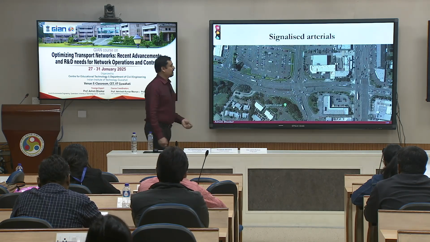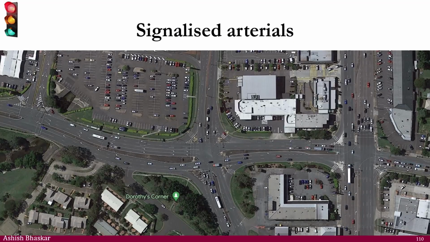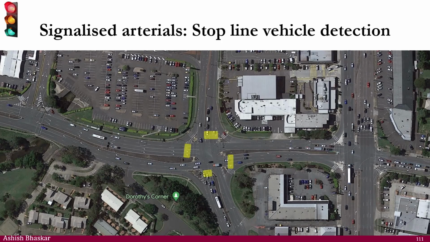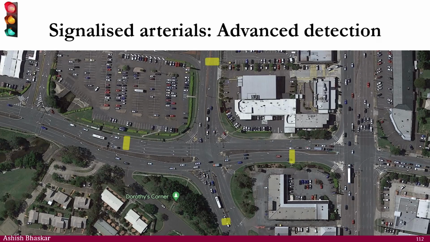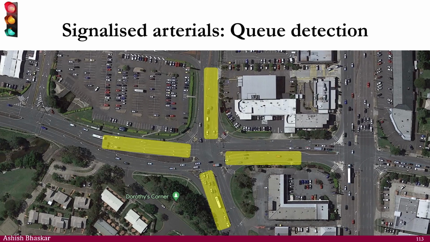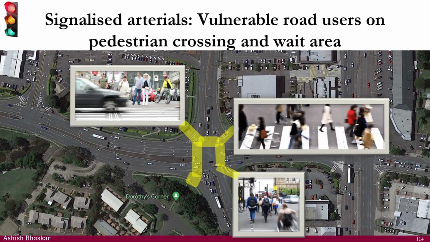So, if I look at an intersection, this is a big intersection, you would like to detect, right now you are detecting at the stop line or slightly upstream depending on what you have, definitely you would like to detect that. There are different types of detection systems, you can have a mid or advanced detection, or you can have a queue detection based on cameras etc., which can give you some information.